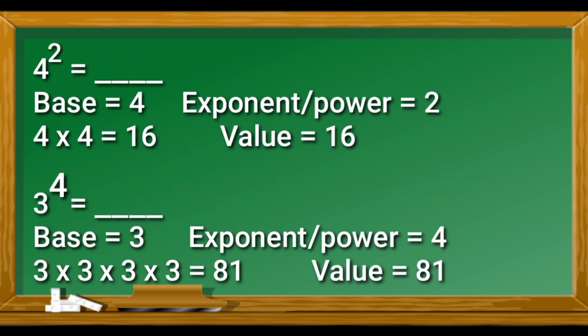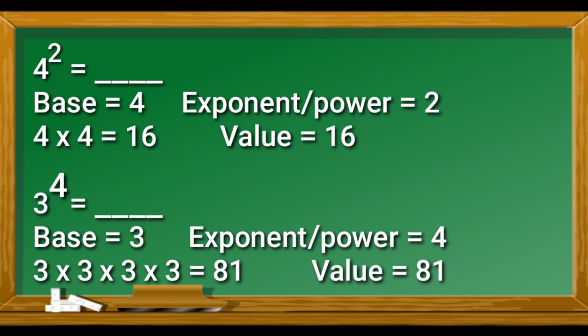Let's now have another example. 4 to the second power equals blank. Base is 4. Exponent or power is 2. We're going to multiply 4 by itself 2 times because the exponent is 2. 4 times 4 equals 16.